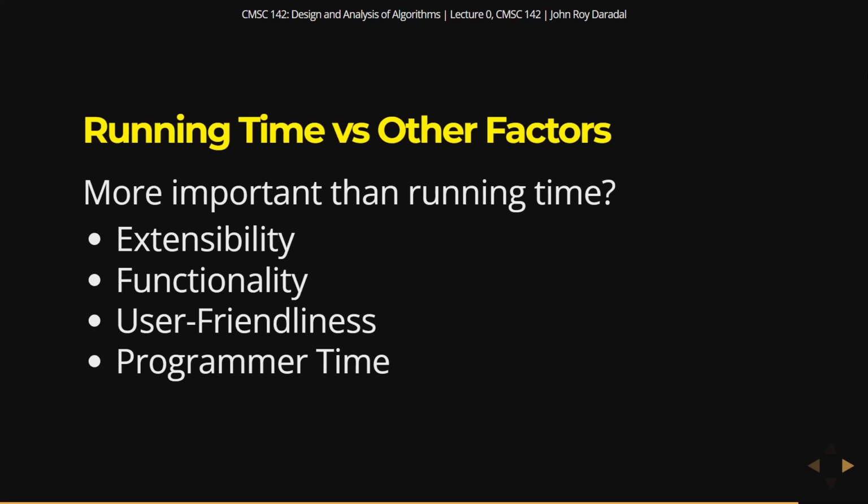Maybe you value your own time more than making a better running time. So of course, running time is not the most important thing, but it's one of the most important things. Sometimes there are other factors that you can prioritize over running time. Later on we'll learn more about that during analysis of algorithms.